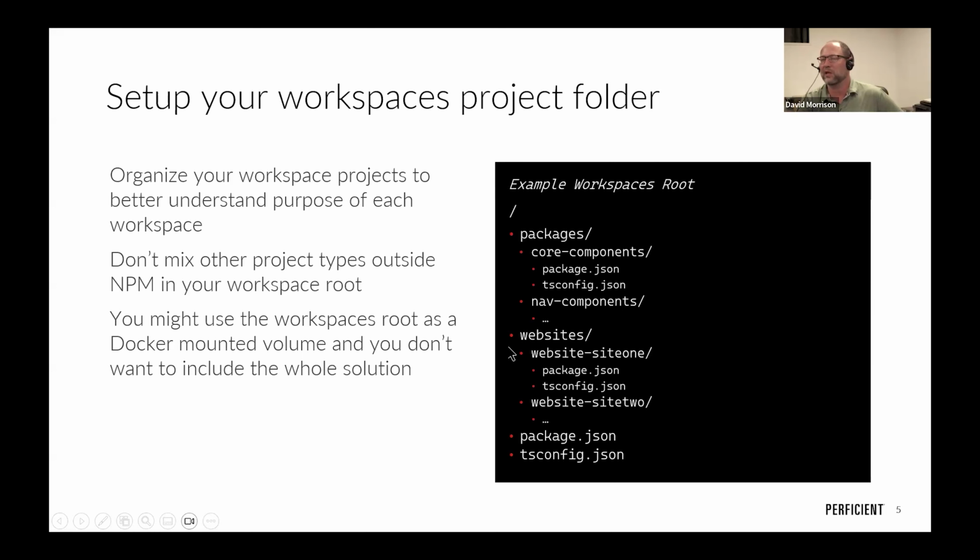It wouldn't make any sense to mount higher directories, like the root of your mixed repo, in a container. So if you create a new folder in your solution to start your Workspaces root, and everything else is underneath there, it'll be really easy to mount that folder, wherever it is relative, inside your container. That's something I would definitely recommend starting from the beginning.